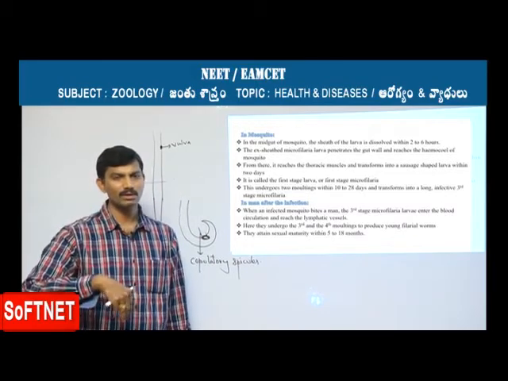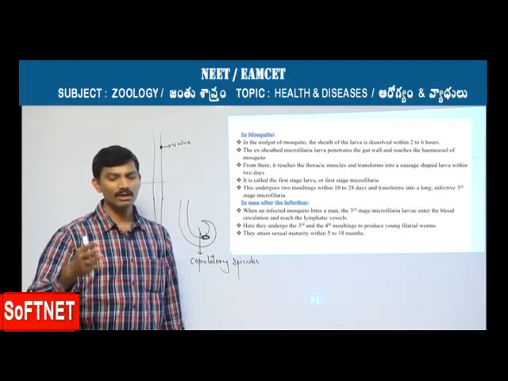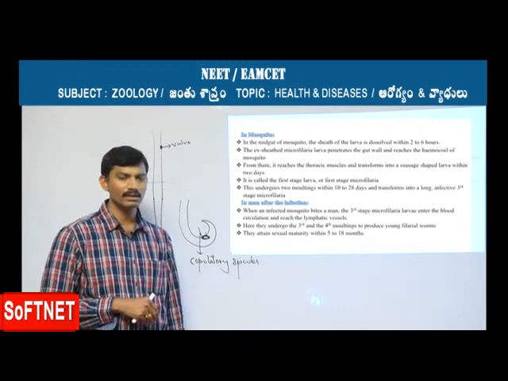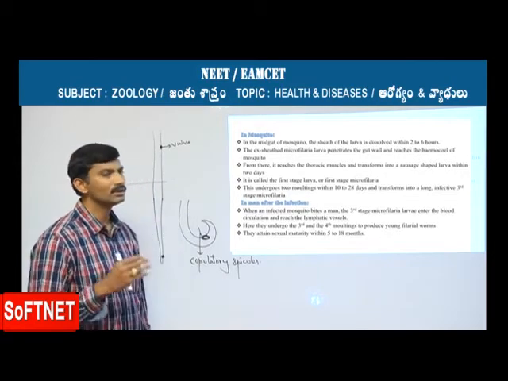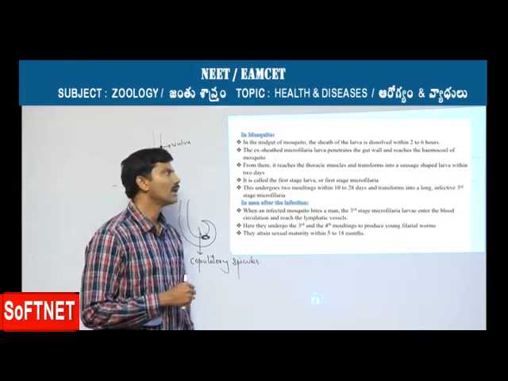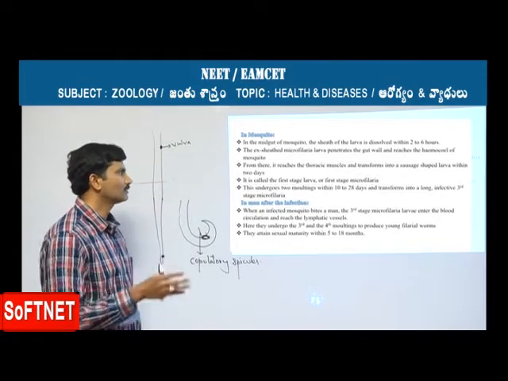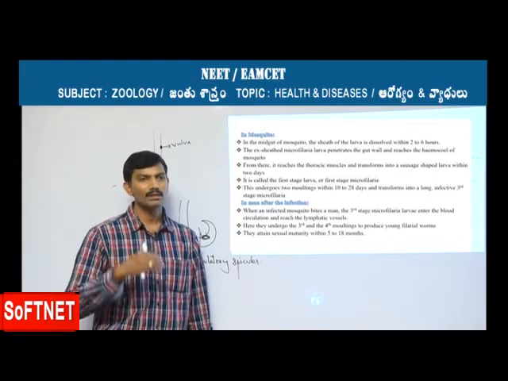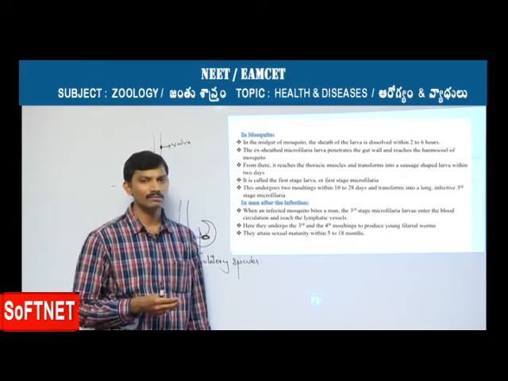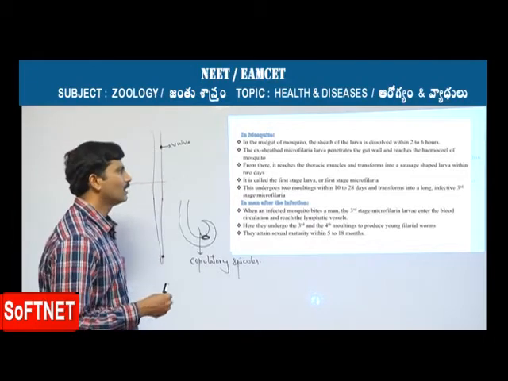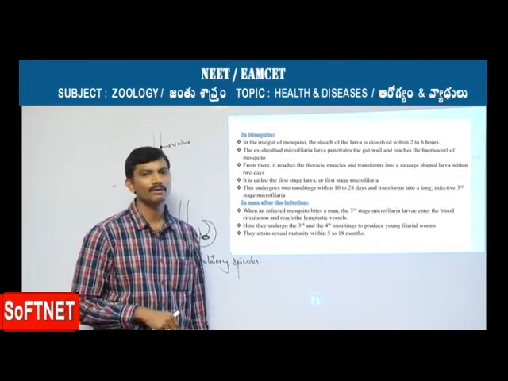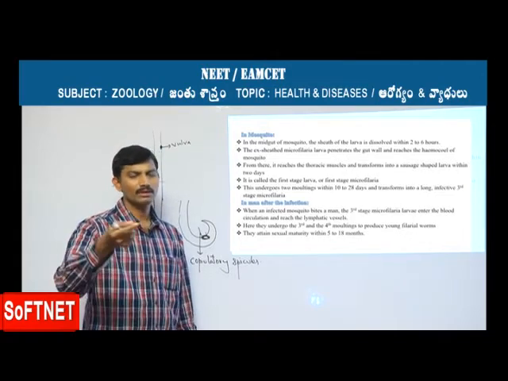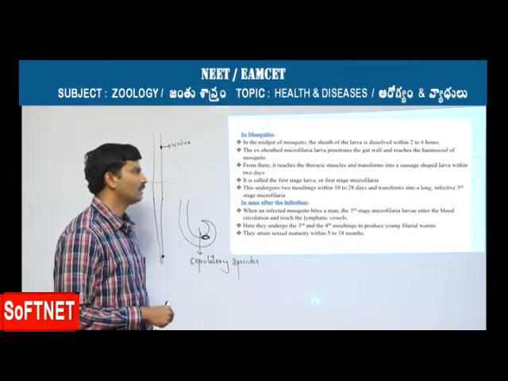Now suppose it enters the mosquito. It goes into the alimentary canal, the midgut of the mosquito, where the sheath is dissolved by the digestive enzymes within 2 to 6 hours. After that, the microfilarial larva penetrates the gut wall and reaches the hemocoel, the blood of the mosquito.